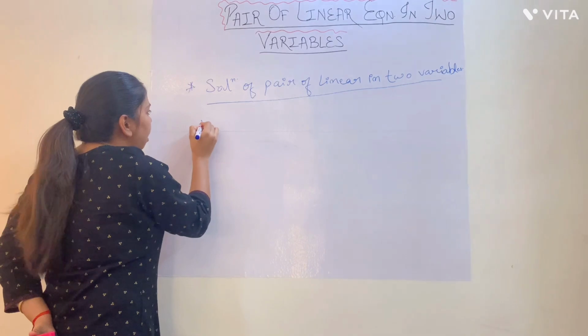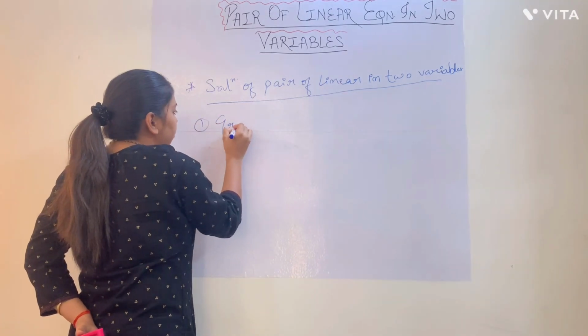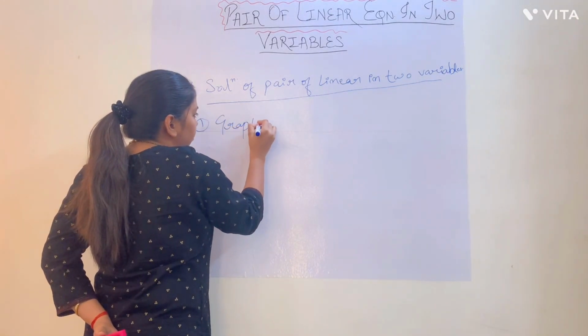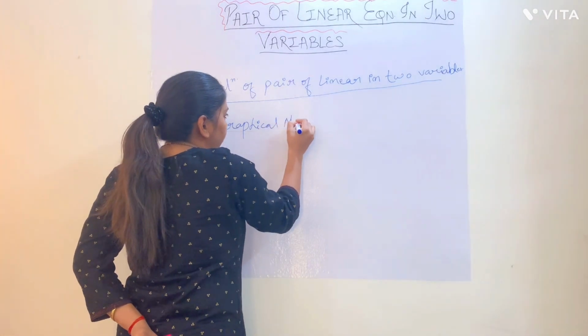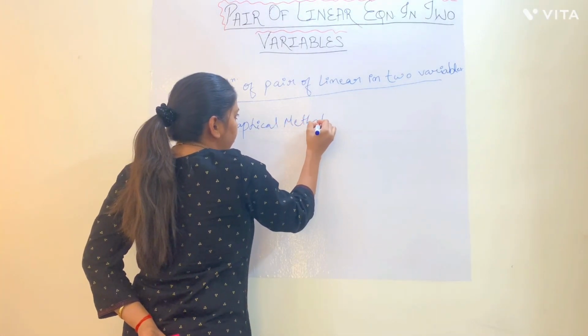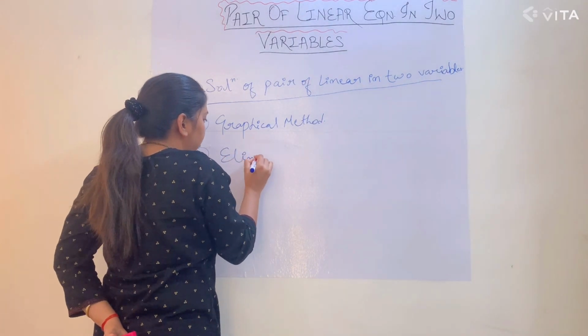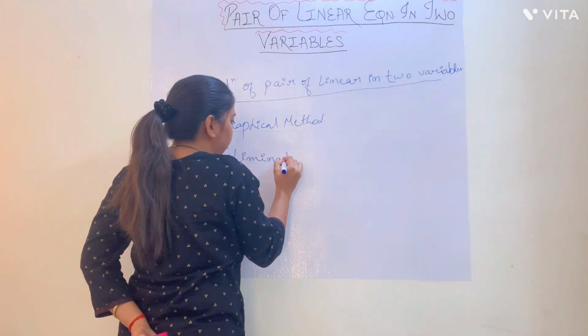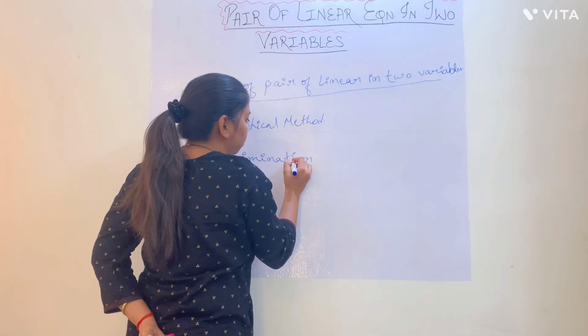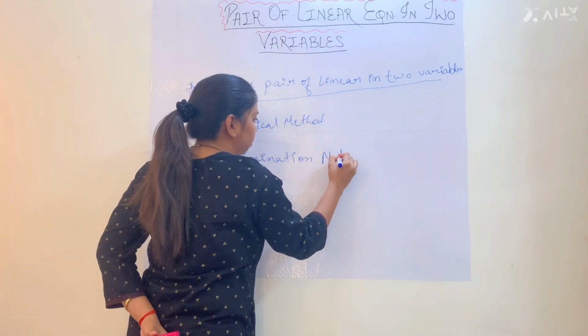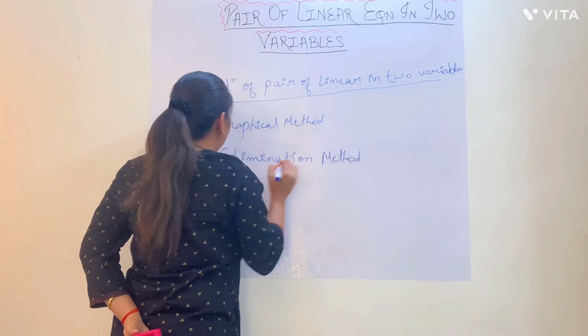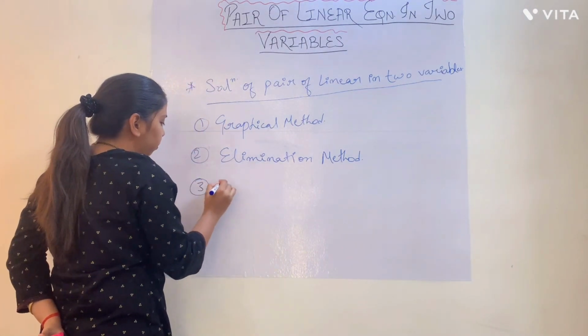The first one is the graphical method, the second one is the elimination method, and the third one is the substitution method.